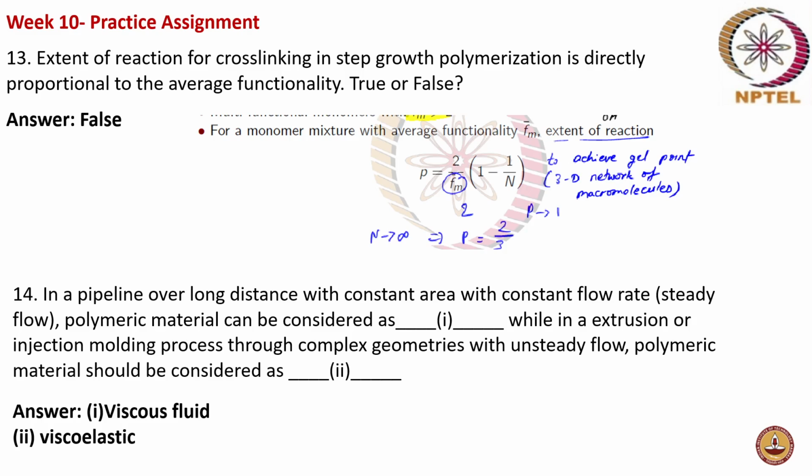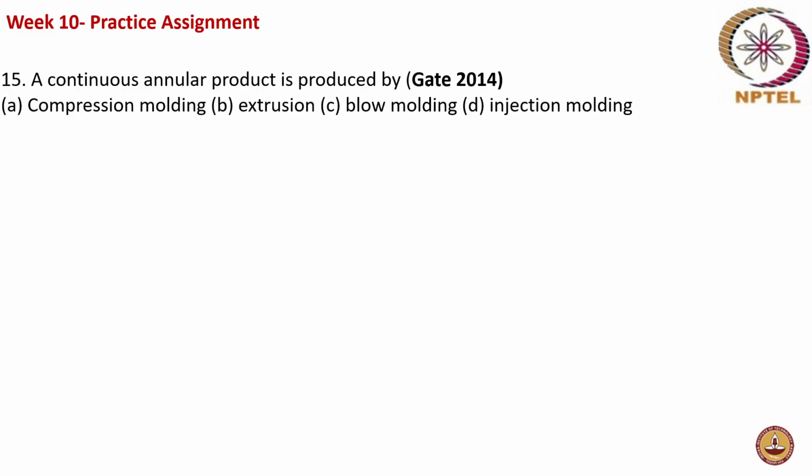That means you have to take the polymer as a viscoelastic material, so that we account for issues like die swell, where elasticity plays a role and you end up with a different product shape compared to the die shape. So obviously you have to consider the polymer as viscoelastic where unsteady flow and complex geometries are involved.